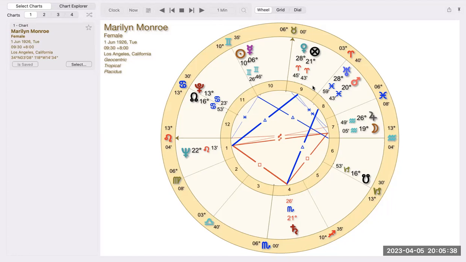So even though it's physically empty, you still read into it. Yes. Oh, that makes sense. You look into the rulerships and that type of thing to understand the house itself. Yes. Okay, so let's go into the 11th house because now there's lots happening there.